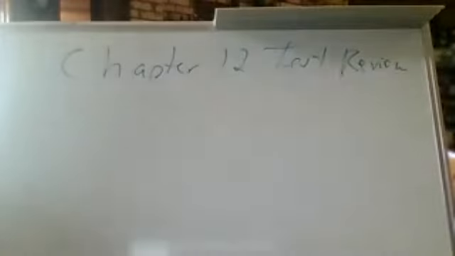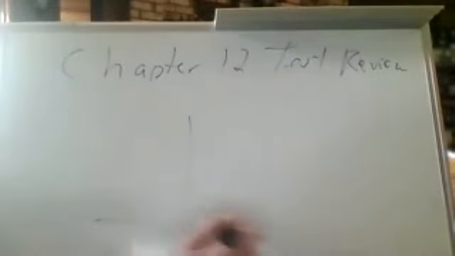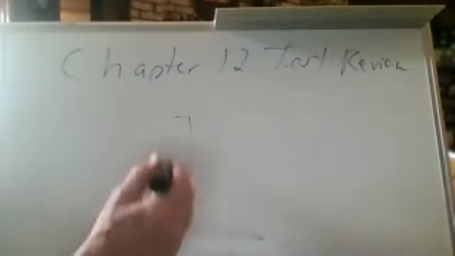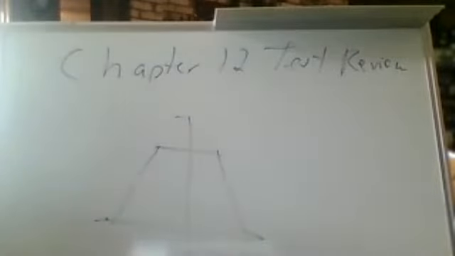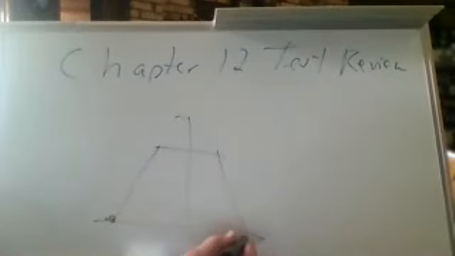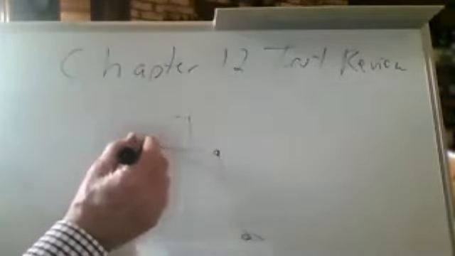Next question is on that coordinate proof thing. I'll give you some sort of figure drawn on the axes. I'll give you the coordinates here, here, and here, and then ask you for the coordinates here.